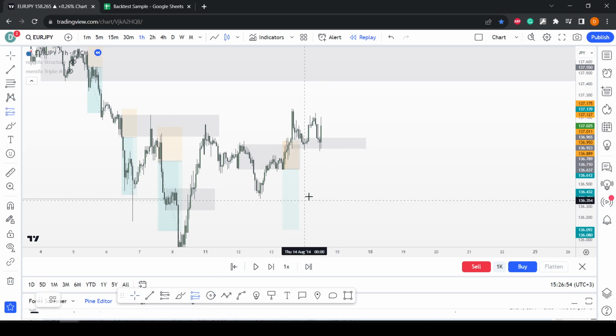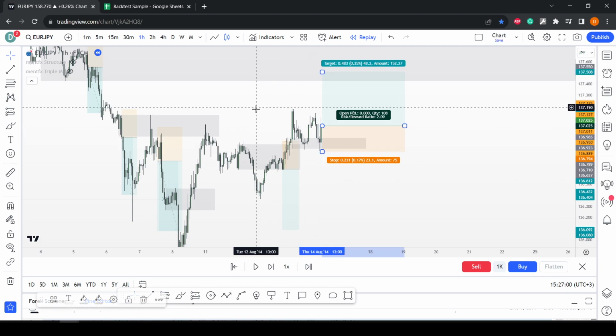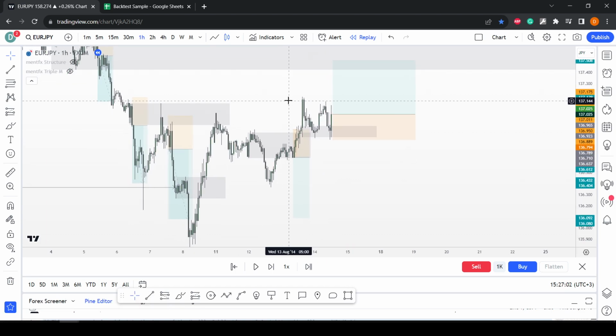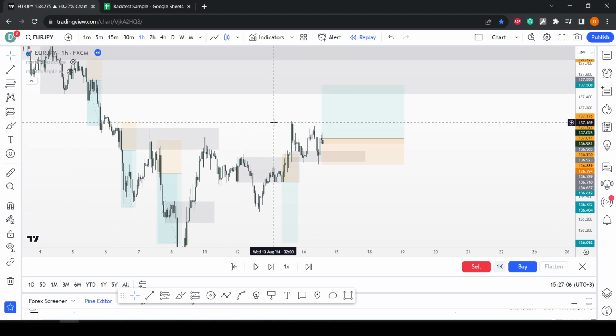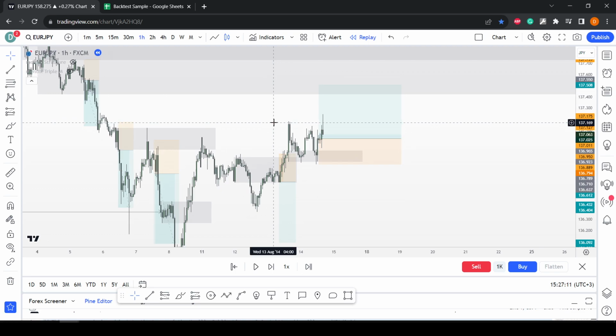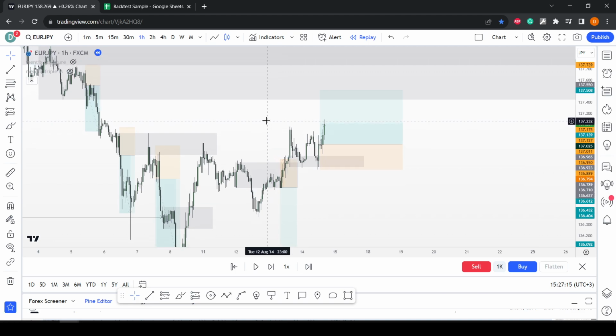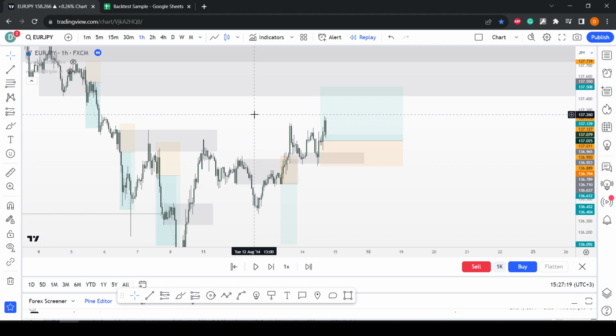Okay, so we moved, so we can enter from here, protect below the low, and we of course realize that yes, this is not optimal, this whole situation, but let's see. Okay, so breaking the high, so we have some chances of hitting the take profit now. Snapping back.